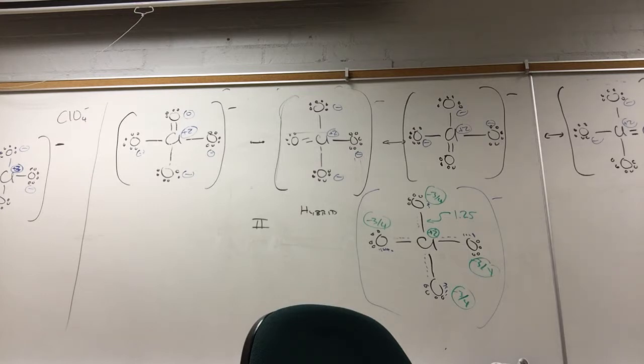How many resonance forms can we draw for this? Well, the easiest is to leave the atoms in place and then just move. Let's just move one of the double bonds first. And so we'll leave the top double bond fixed for right now, and then move this one down here.